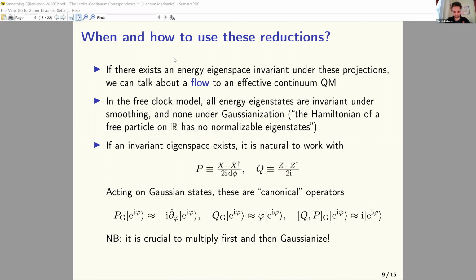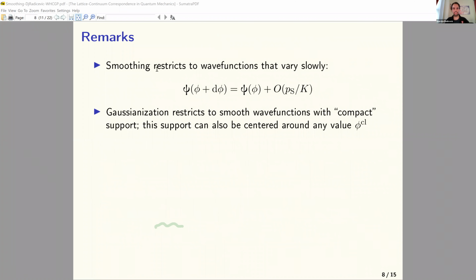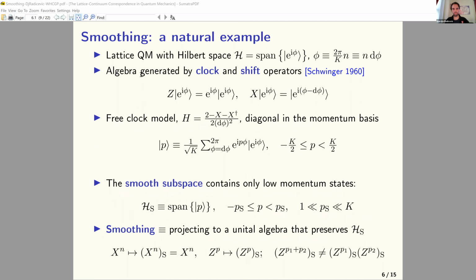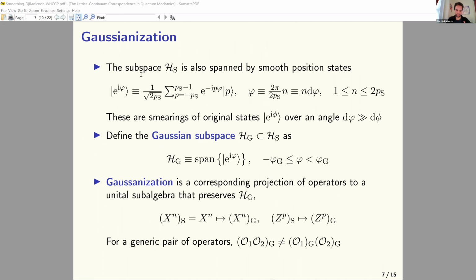If you go to momentum space, this is the operator which multiplies the momentum eigenstate P with the value of P. If I were to expand this e to the I phi back in this basis, this d hat would just multiply it by P, or minus IP.